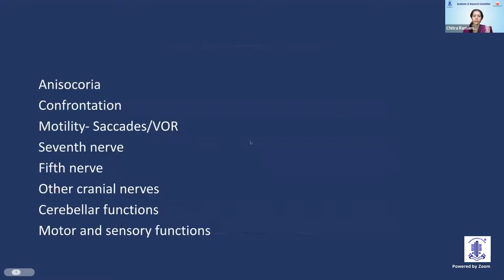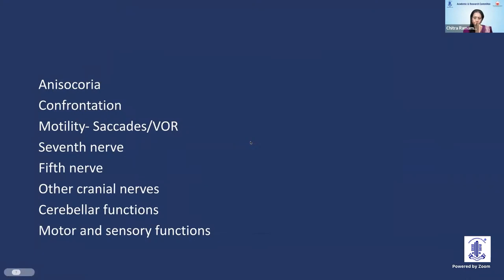So to summarize, the examination techniques which we should all be aware of and should practice, either in an exam or in a daily clinical scenario, are to look for anisocoria and see what happens to anisocoria in a dark and bright environment; the confrontation test; and motility, where apart from smooth pursuit, which we all check, we should also be aware of checking saccades and vestibulo-ocular movements.